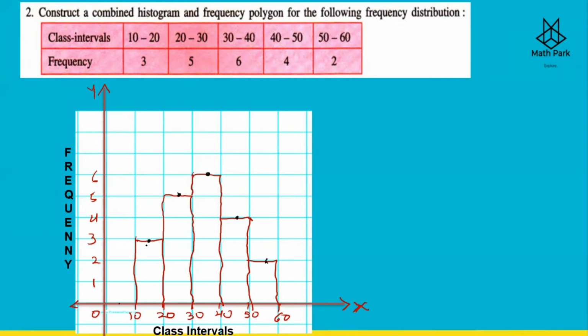From here, we join that first point with the scale, and go on joining the points with the help of a scale, continuous points without leaving a gap. As I said, a polygon is a closed figure made up of line segments, and this is how our frequency polygon is ready. So combine histogram and frequency polygon both.